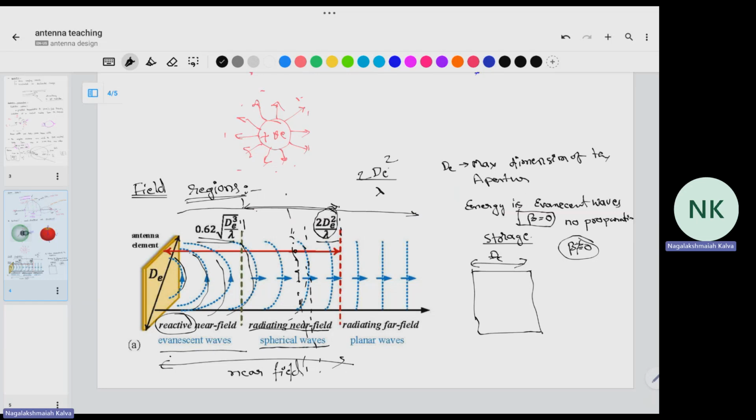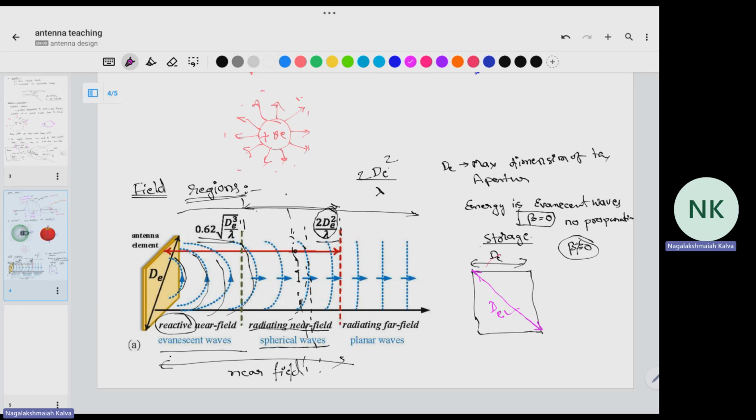So this term is not the maximum distance. The maximum distance is the corner to corner distance. So this term we can define as the maximum length or maximum dimension of the aperture. Based on this, we have to calculate the far field region.